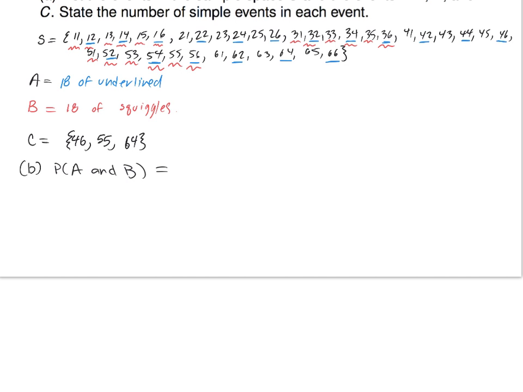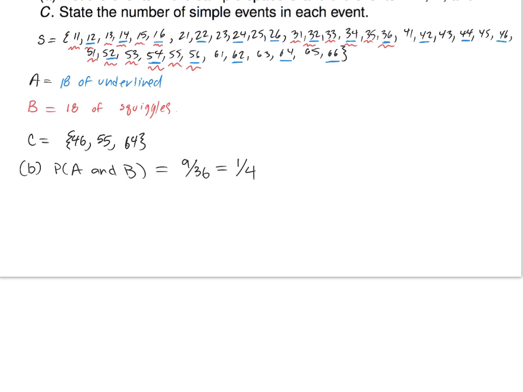I think red and blue is just 9 of them, right? 1, 2, 3, 4, 5, 6, 7, 8. Do you agree with 9? So 9 out of 36, which reduces to how much? 1 out of 4, yep, or 0.25, same thing.